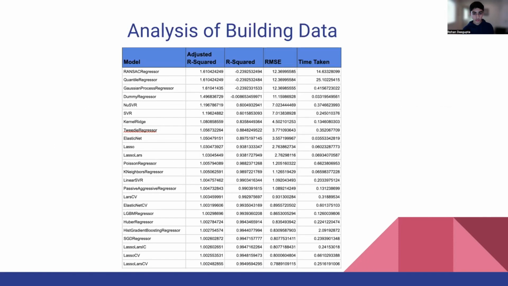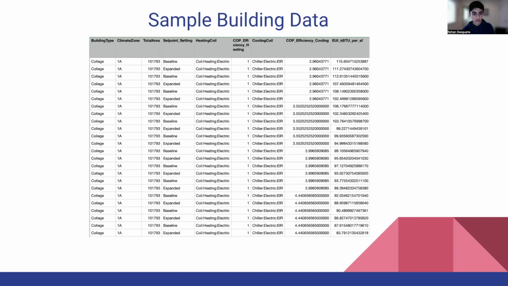And over here, you can see the analysis of the building data taken for 1,000 samples through different regression models. So basically, as I mentioned before, all of these regression models were evaluated on different samples of the building data, which you can see again over here just for reference.